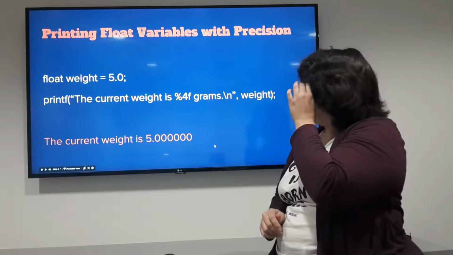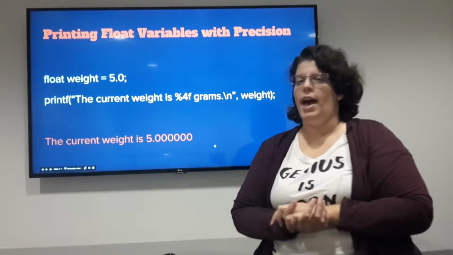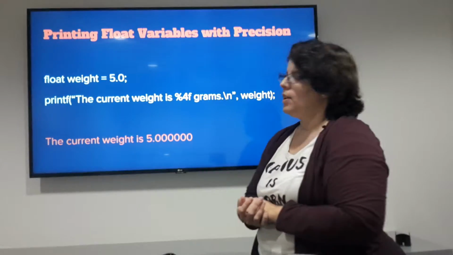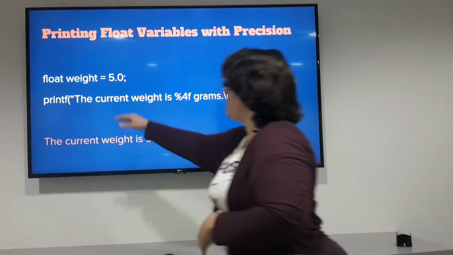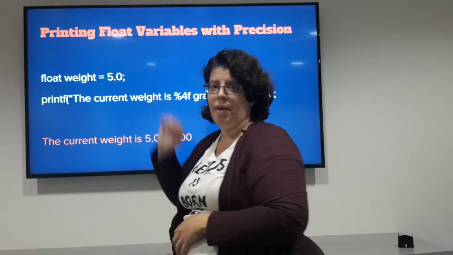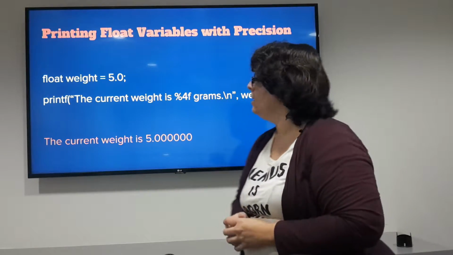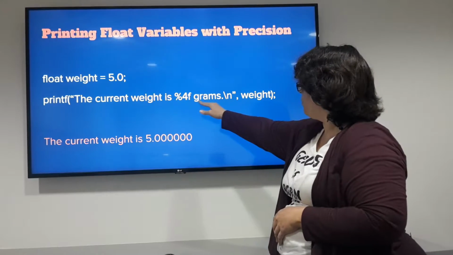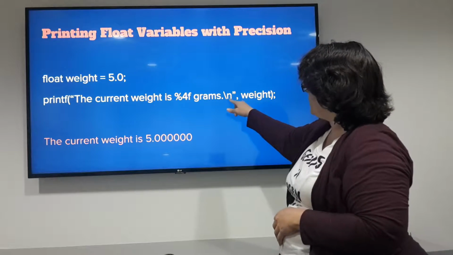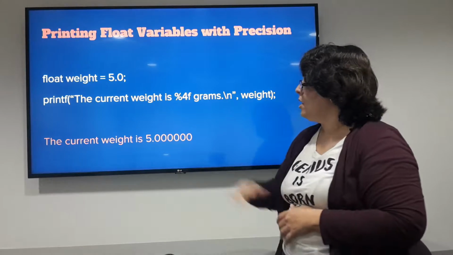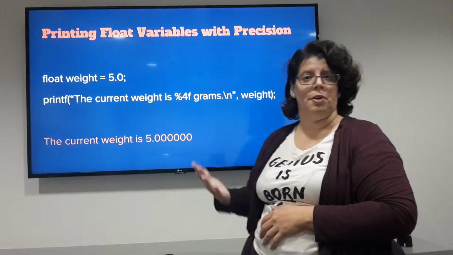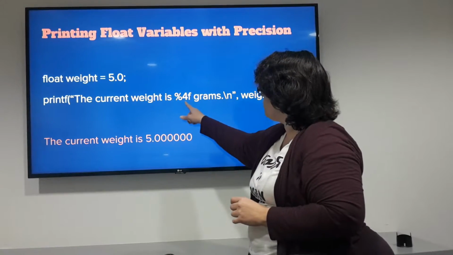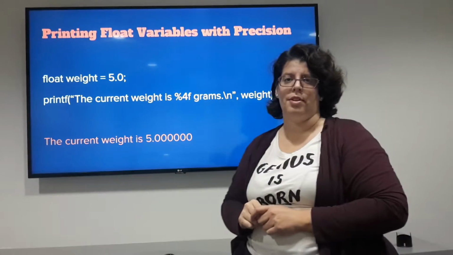So in this example here, we have a numeric value in the %f. Now let's start at the very top. We have the same exact variable, float weight equals 5.0. We saw that in the last slide. And now in the statement it says the current weight is %4f grams \n and weight. So this is going to print out similarly to the last example, but there's one thing different, and that's that it has a 4 there in that position.